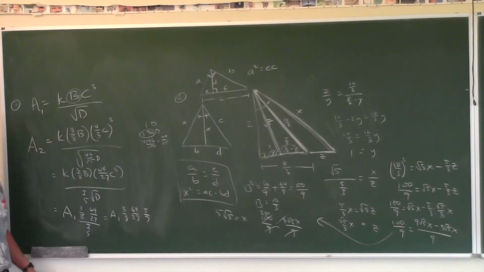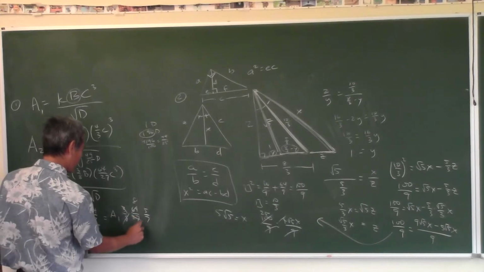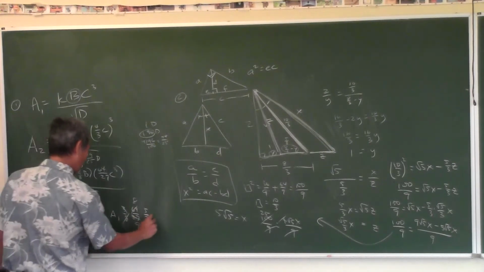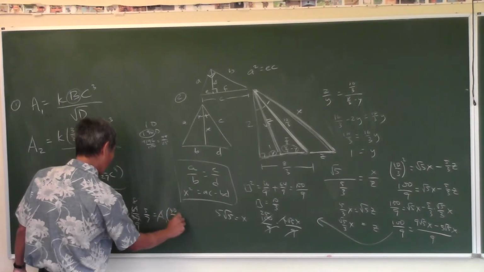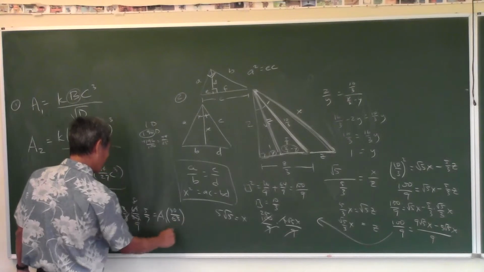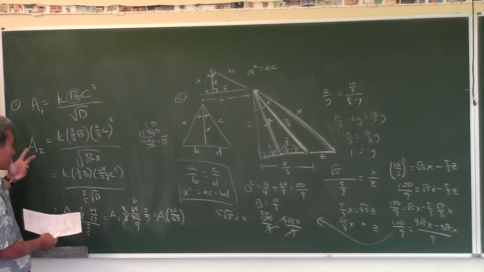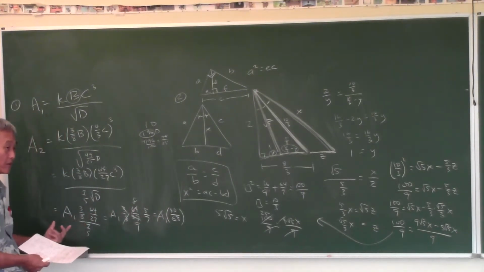I bet you a lot of things cancel out. 8 goes into 64 8 times. 3 goes into 27 9 times. So this is the original times 40 over 63. So after all these changes occur, you're left with 40 over 63 times the original amount.